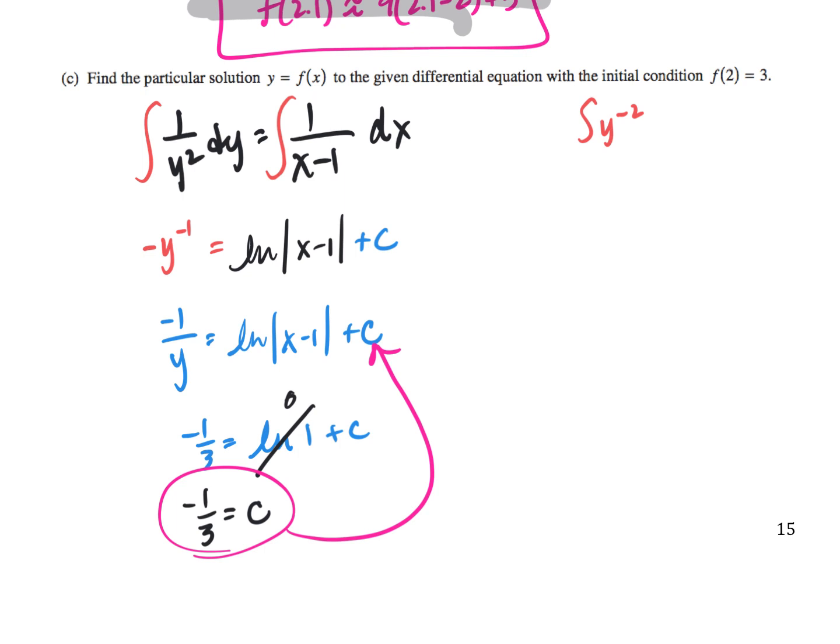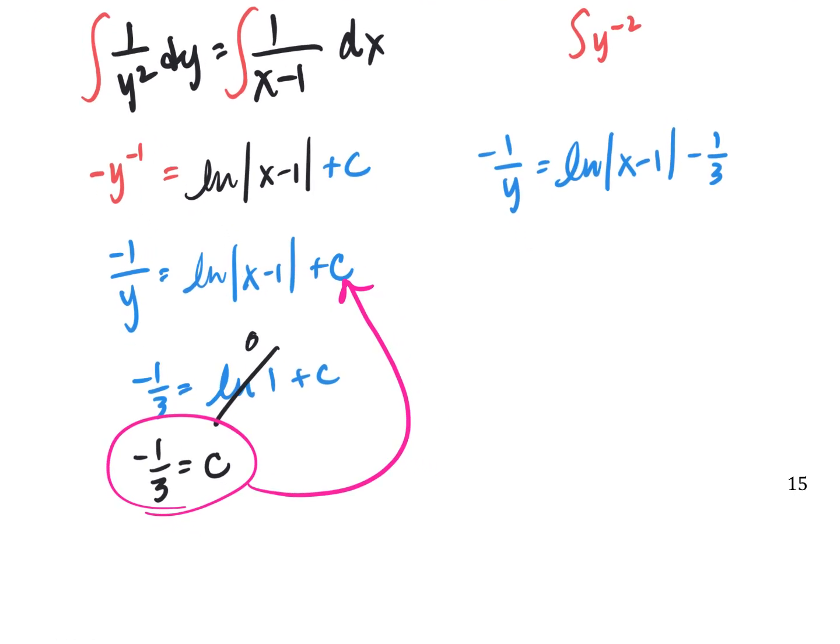Negative 1 over y equals natural log of x minus 1, and my C is negative 1/3. We've got to get y by itself, and right now, y is in the denominator. How could we get it out of there? Multiply by it. If I multiply by it, I'd have a negative 1 equals.